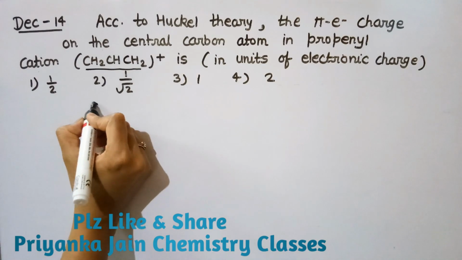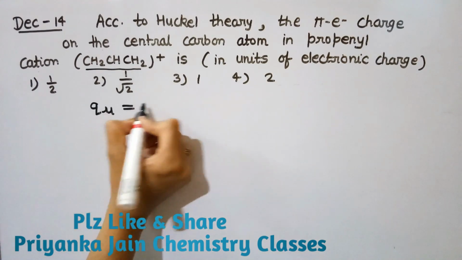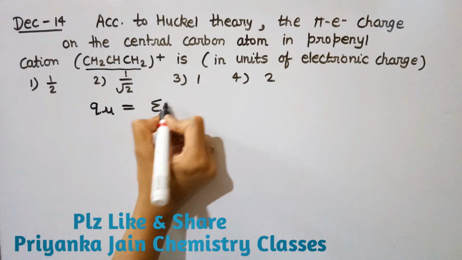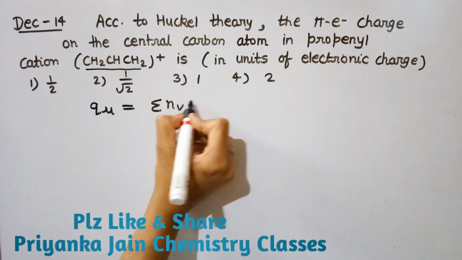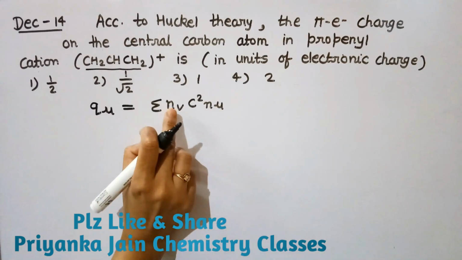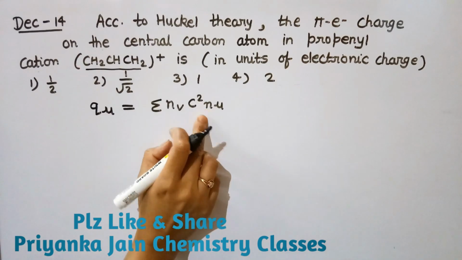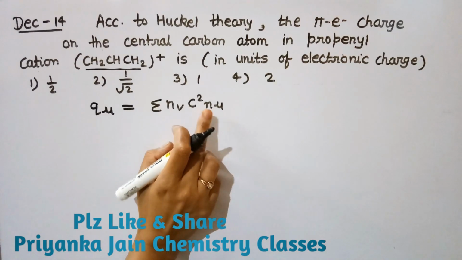The formula is Q mu is equal to summation of n c square, mu. Here n is the number of electrons in that molecular orbital, and c is the coefficient for that particular atom.